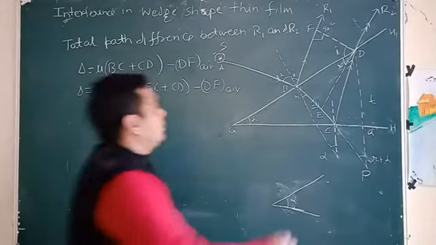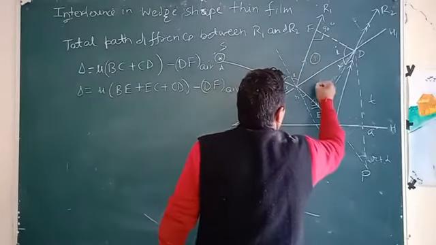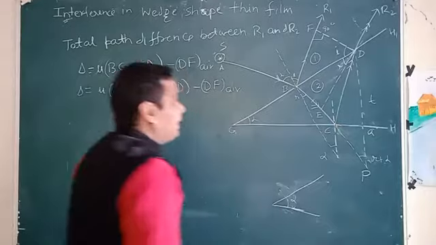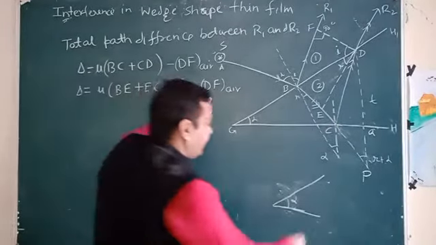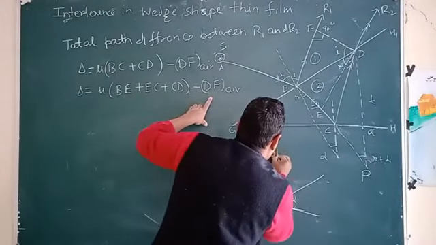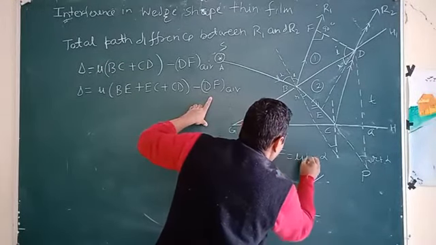With triangle 1 and triangle 2, we can calculate that DF is equal to mu BE.